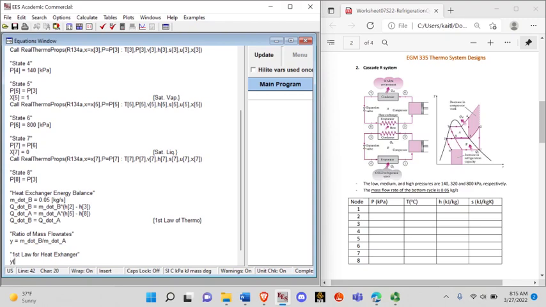It's going to be y times H2 minus H3 equals H5 minus H6.